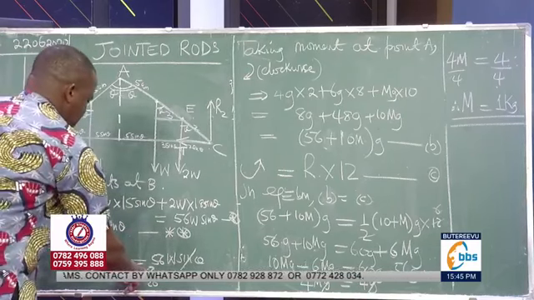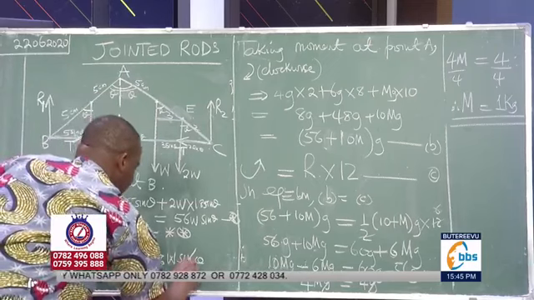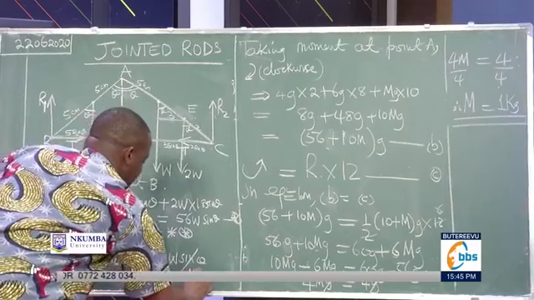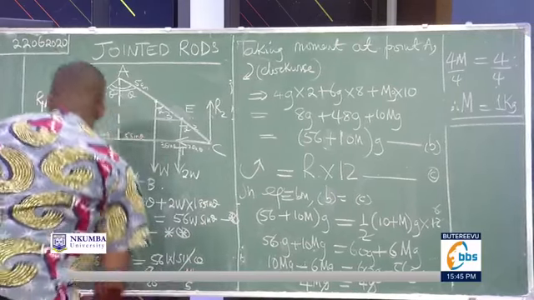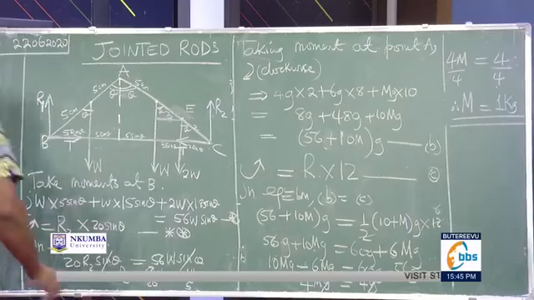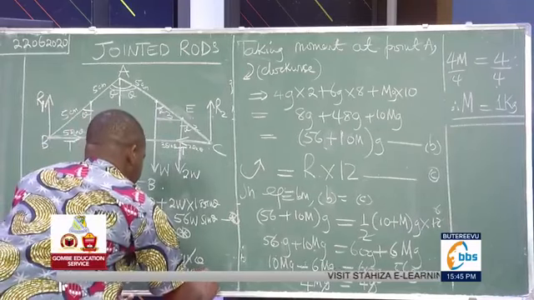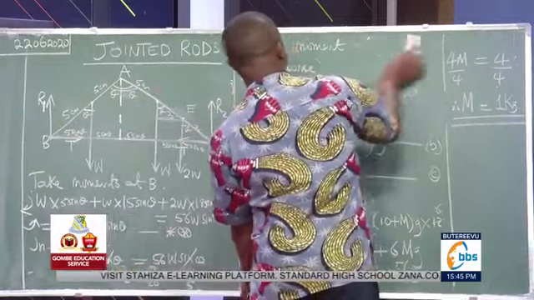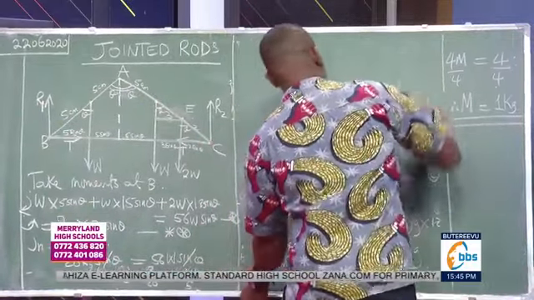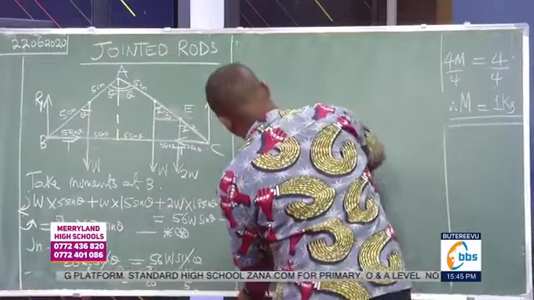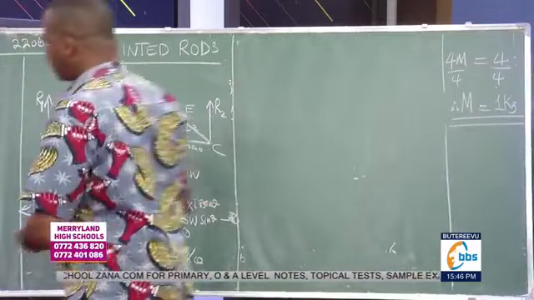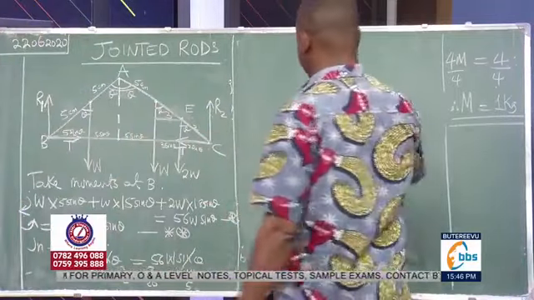We get 14 out of 5, and this would be W. So the reaction at C is 14W out of 5.